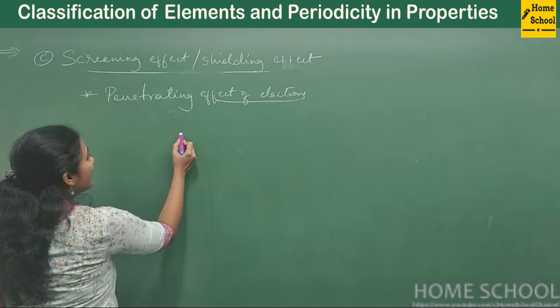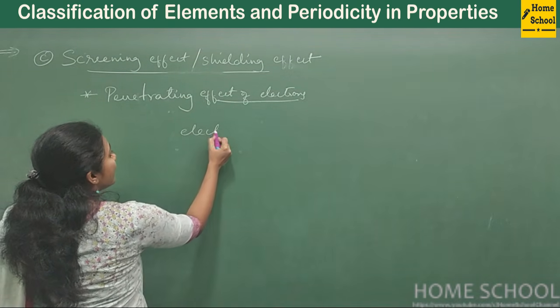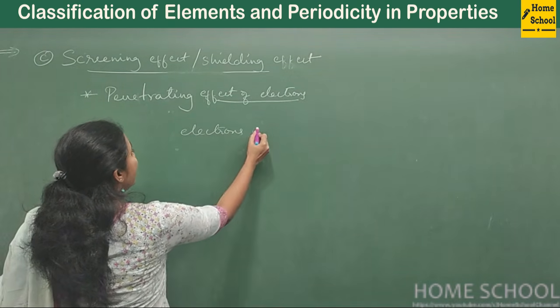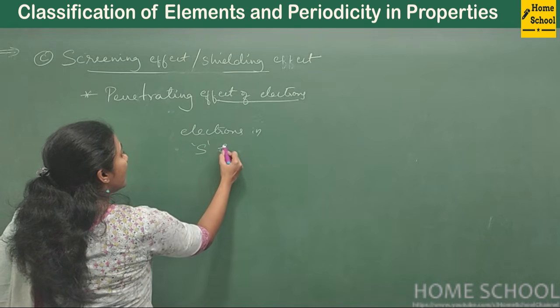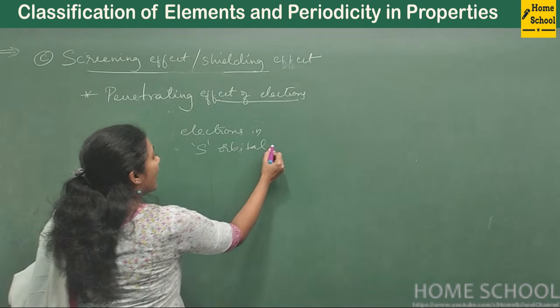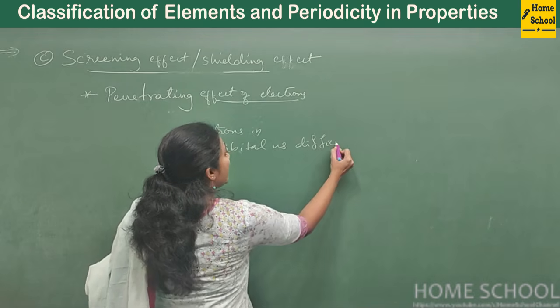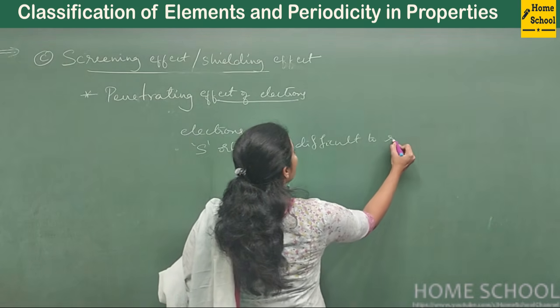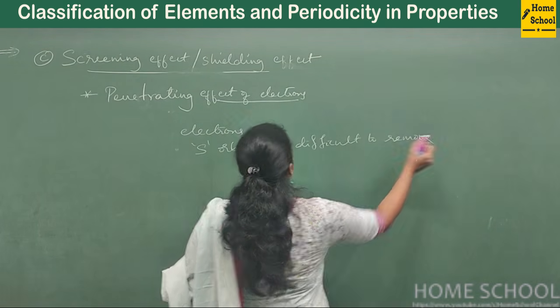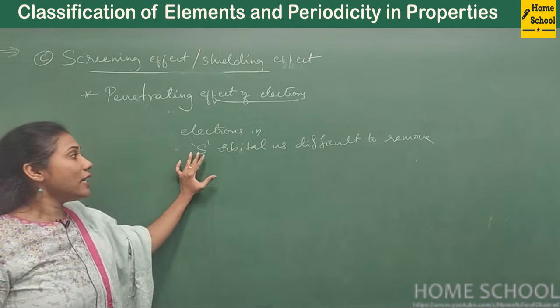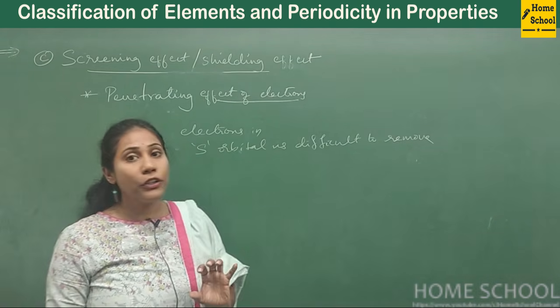Okay, so here electron in s orbital is very difficult to remove, because s orbital is very much near to the nucleus.